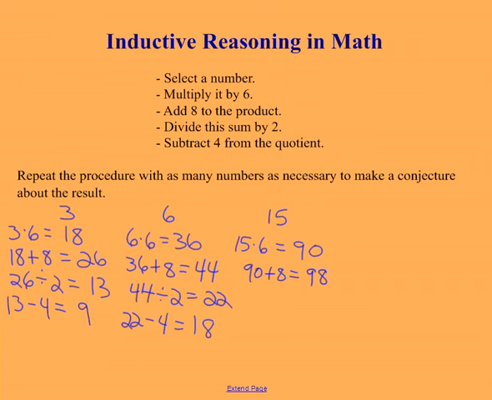Divide this sum by 2, so 98 divided by 2 would be, let's see, 45 and 45 is 90. We need 8, so 49. And subtract 4 from this quotient, so 49 minus 4 is 45.